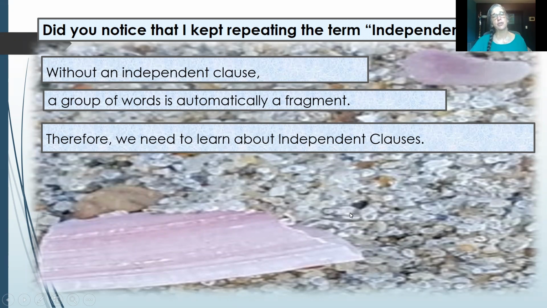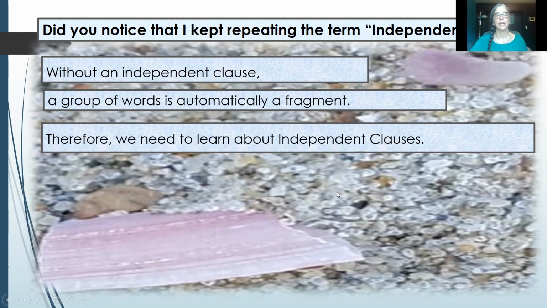This is especially true with descriptive language or if you're trying to emphasize a point. But when you decide to use a fragment, it's important that you realize that that's what you're doing. There's an old saying, and I cannot remember who first said it, but it goes something like this: know the rules well, so you can break them with precision.